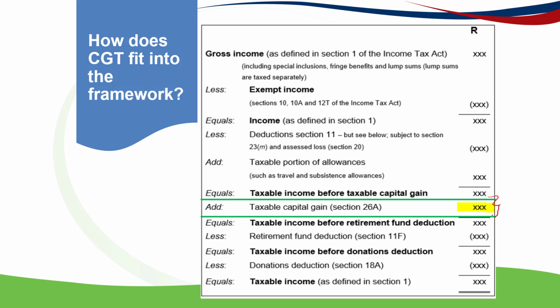So the 8th Schedule guides us in terms of calculating the capital gains or the taxable capital gain, and then we include that in taxable income through Section 26A.